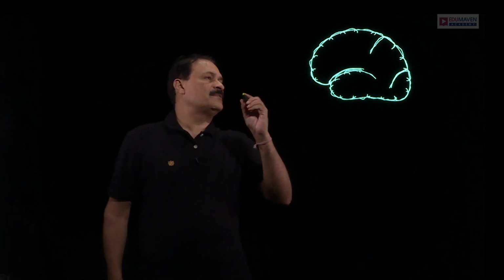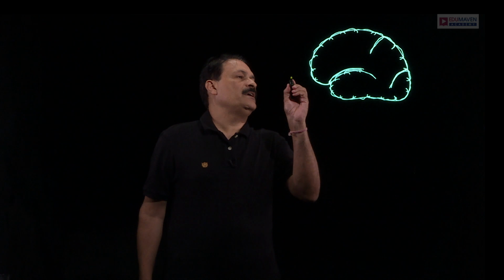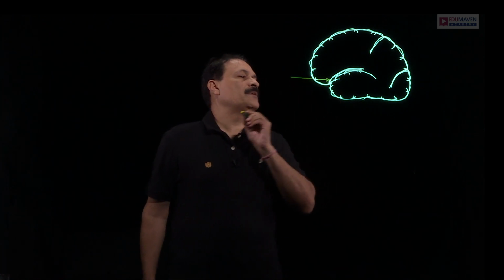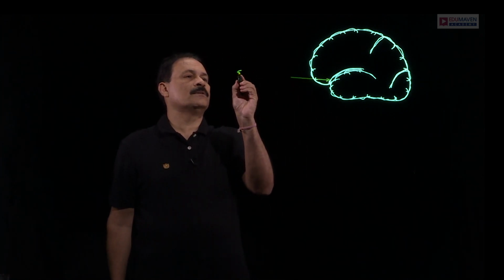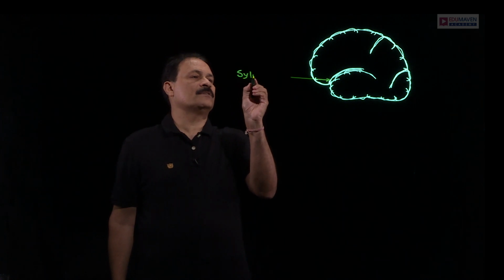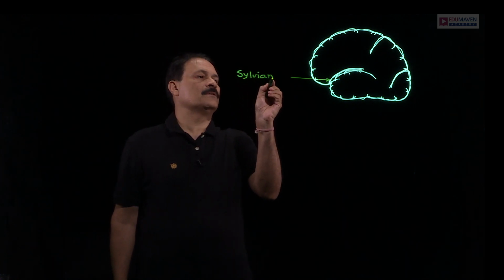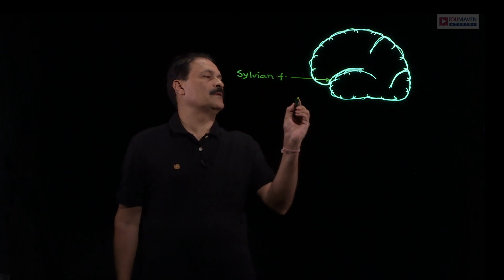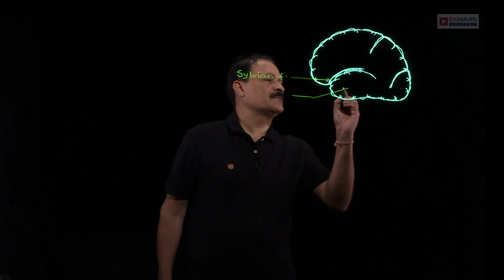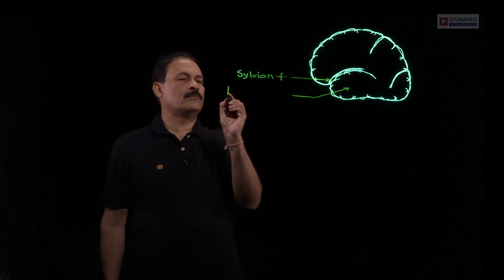So let us label this. This one can be labeled as Sylvian fissure or lateral fissure. This one is the temporal lobe.